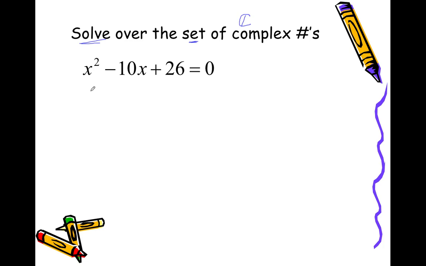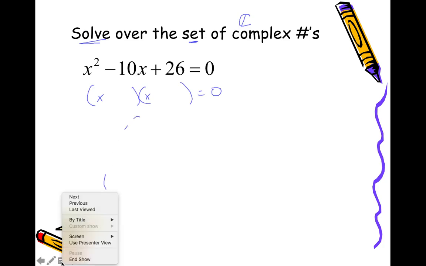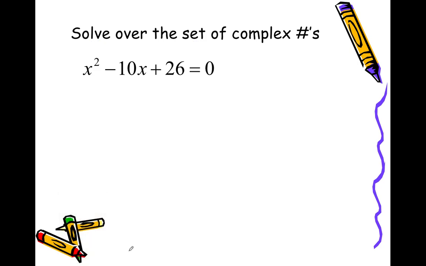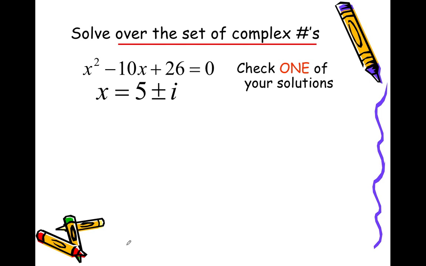So the first thing, of course, I try to do is factor. And I said x, and then I went, oh, dagger. Right? There were no factors of 26 that I could find to get to negative 10. So who comes to my rescue, right? When I can't factor into the set of rational numbers, the quadratic formula. So this is the answer I got with the quadratic formula, right?